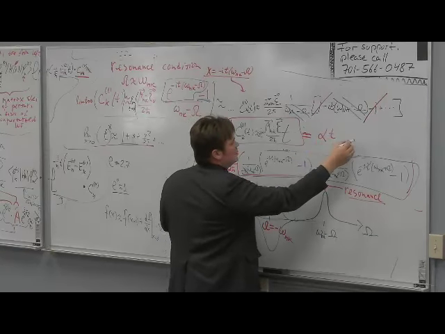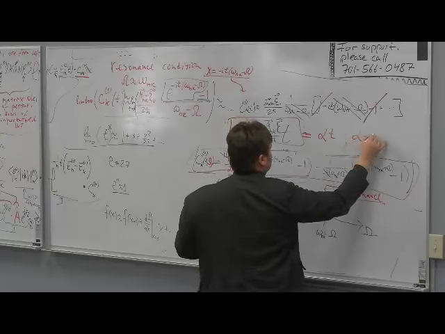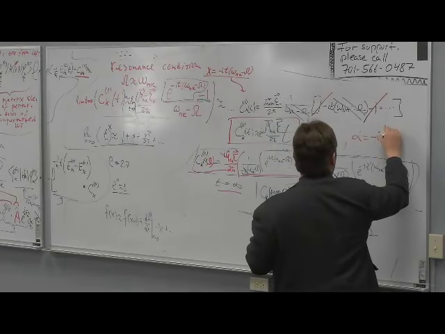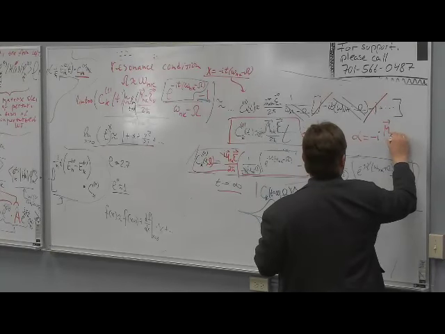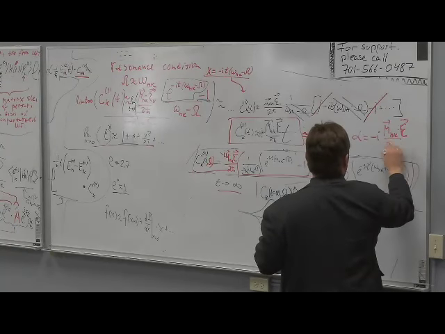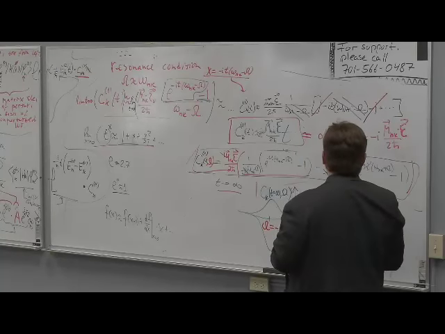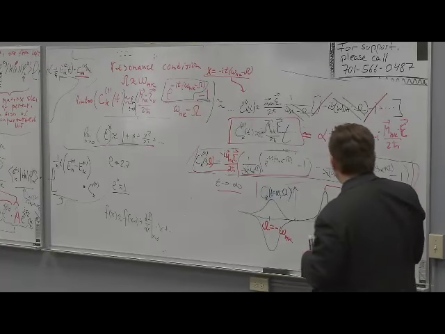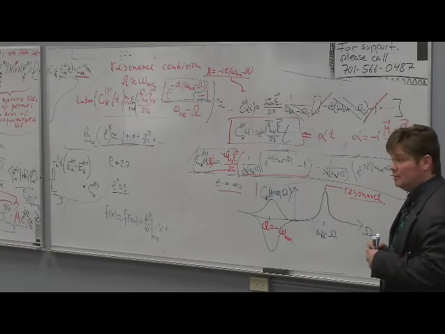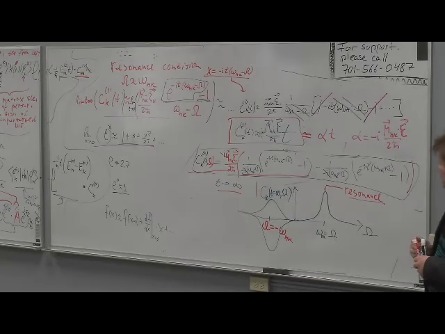Alpha times t, where alpha equals minus i times the matrix element times electric field. Right? How do we interpret it?